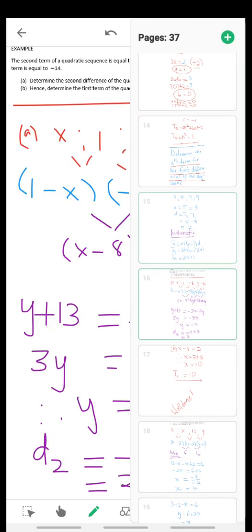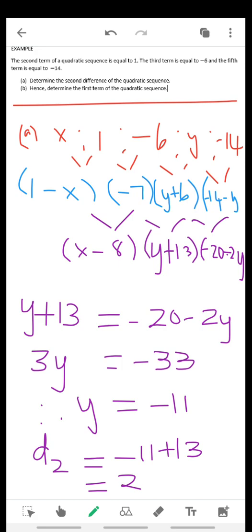Okay, well done. Now, let us go to exam type questions. We are going to what? The exam. The second term of a quadratic sequence, please underline, is equal to 1, the second term, T2.